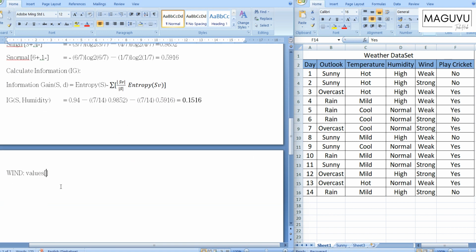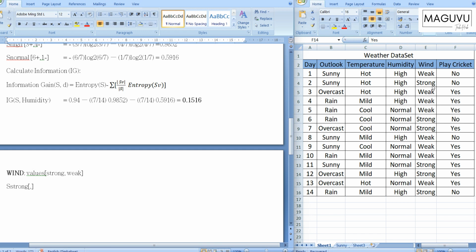Under wind we have strong and we have weak. So let's go ahead and calculate the entropy of those values where we have strong. Let's first look at the contribution of strong.